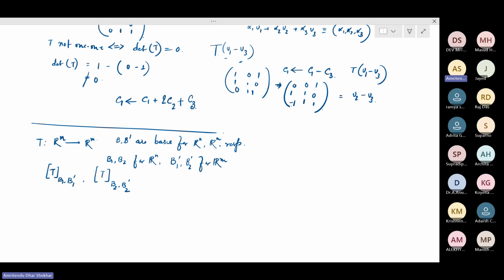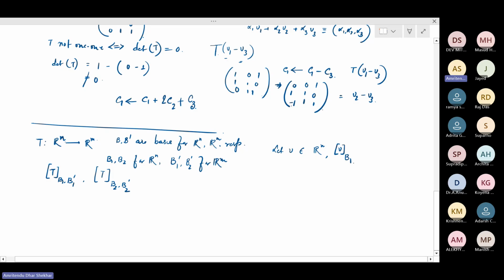Let's say V is a vector in Rn, and let's say you have a specific set of coordinates for V. You can write the coordinates for V as V with respect to your basis, let's say B1.